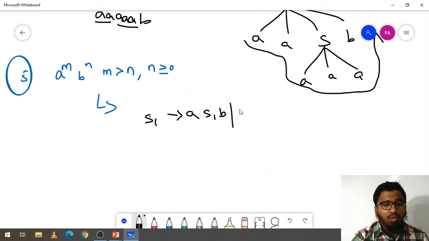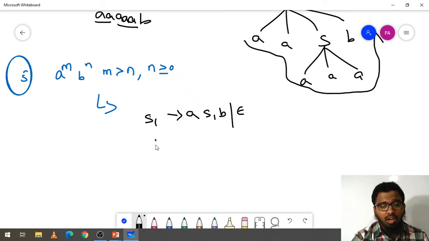For this we need the epsilon. Now here S1 gives a S1 b, so we got an equal number of a's and b's, but what it is telling is m should be greater than n. If you do this, we will get an equal number of a's and b's.